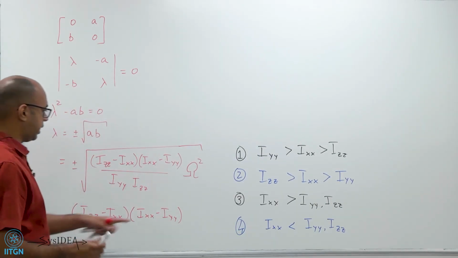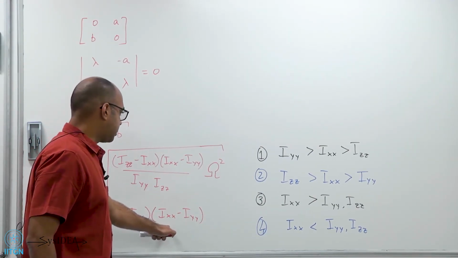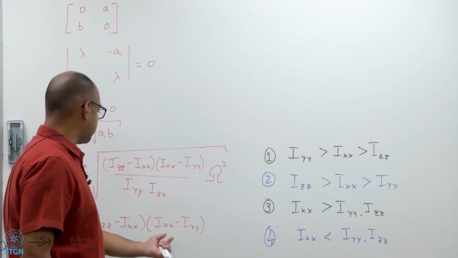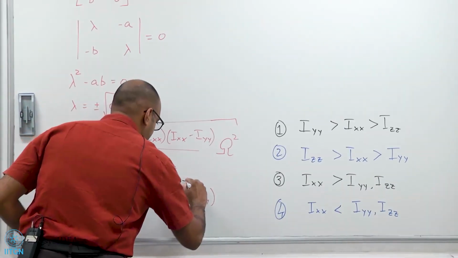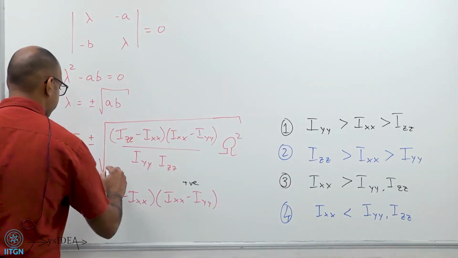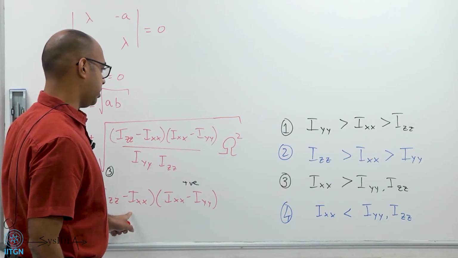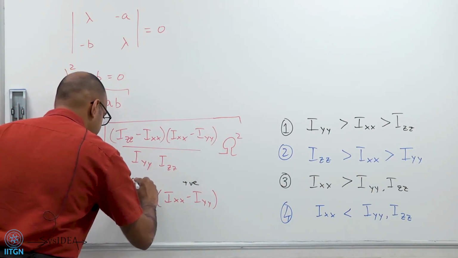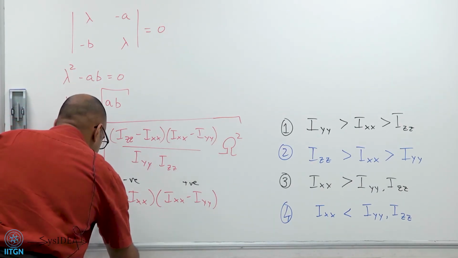So, let us look at case 3. IXX is greater than IYY, IZZ. So, this term is positive in case 3, whereas this term will be negative. And in case 4, it is the opposite.